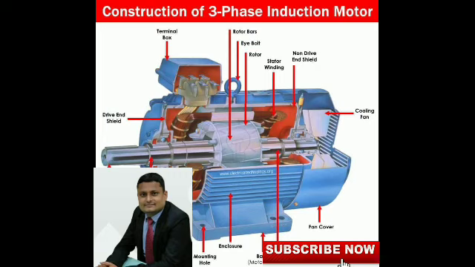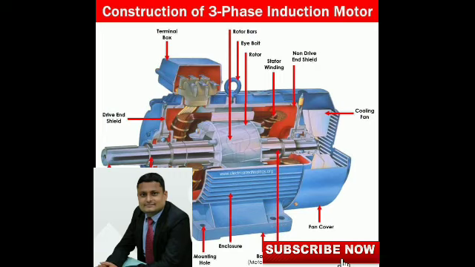For good efficiency, the ratio should be 1.4 to 1.6. For best power factor, L by tau equals root under 0.18 L. For good overall design, the ratio of L by tau will be 1.0 to 1.1.